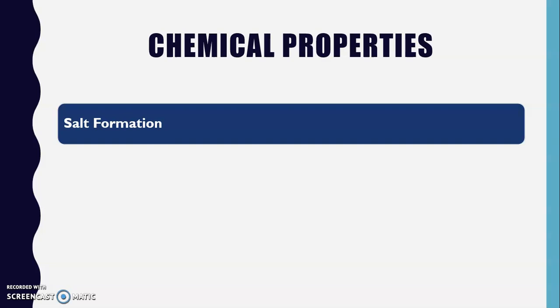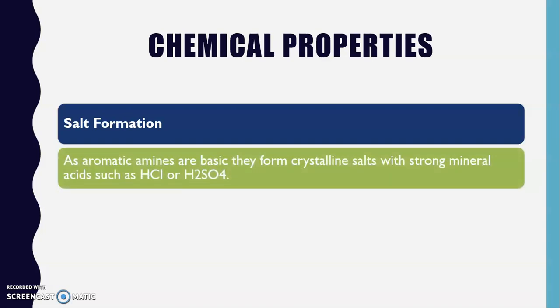The nitrogen atom has a lone pair of electrons, and this lone pair can be easily donated, and according to the Lewis acid base theory, aromatic amines act as a base. So, different aromatic amines have the capacity to form salts when they are reacted with different mineral or carboxylic acids.